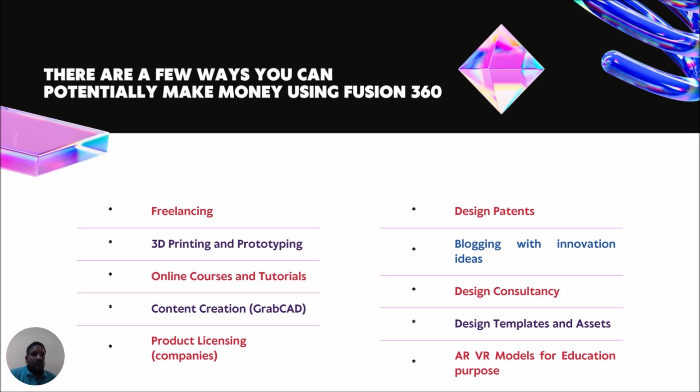To that, this particular product license will be very helpful in order to grab that as their own. That means they will be designing that component and licensing that particular component to that company. This is called product license.